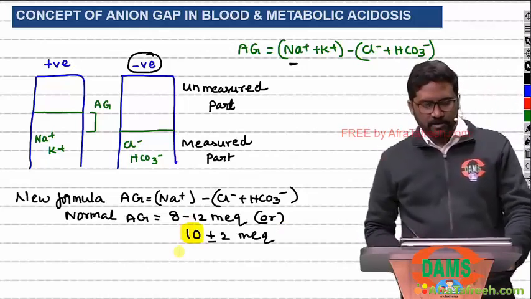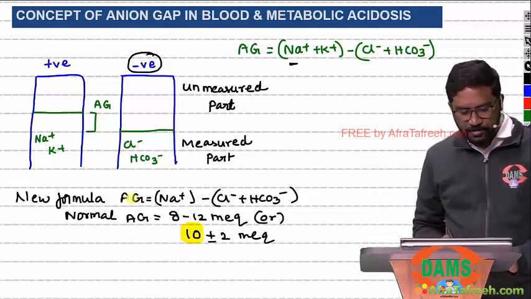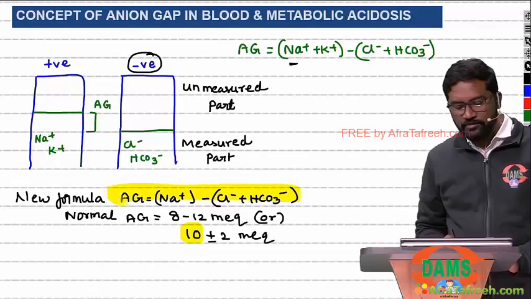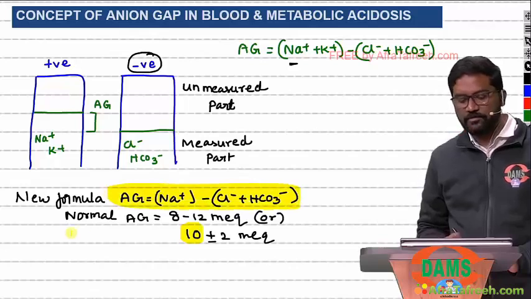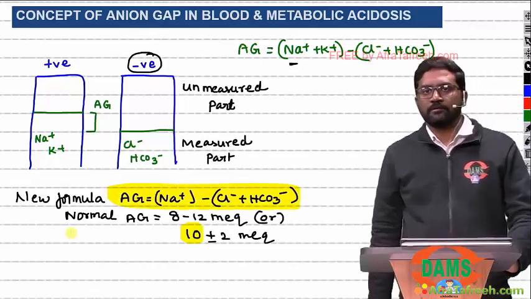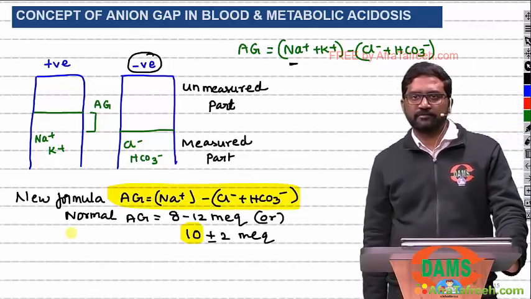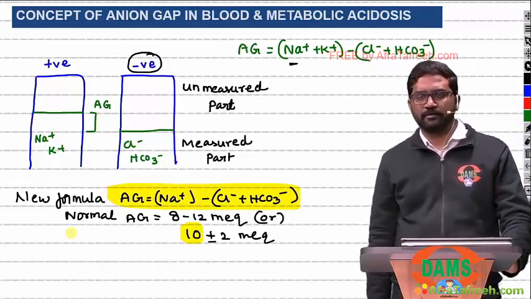Now for all practical purposes, in the exam if they ask you anion gap, you should use this new formula only: sodium minus chloride plus bicarbonate.